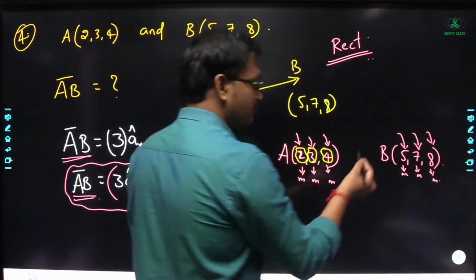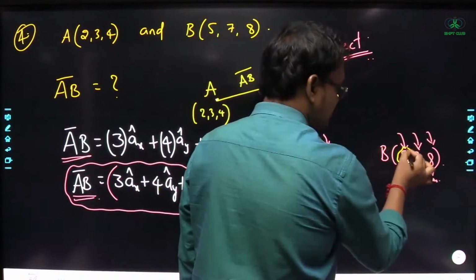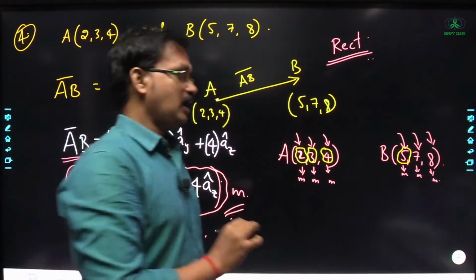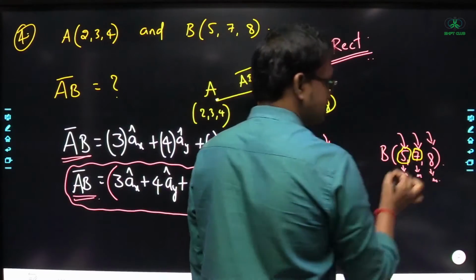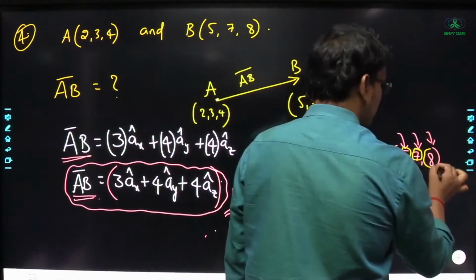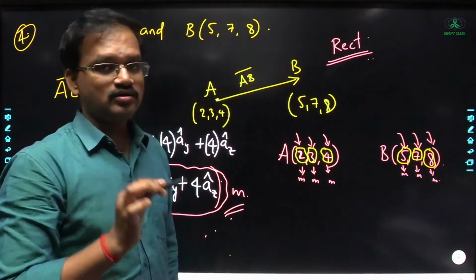Similarly for point B, 5 is the distance from the origin along x, 7 is the distance from the origin along y, and 8 is the distance from the origin along z.